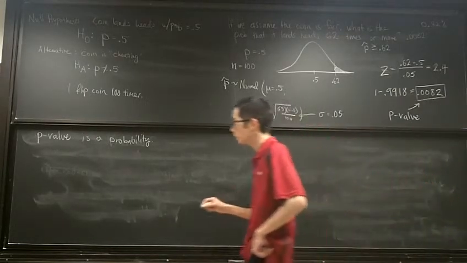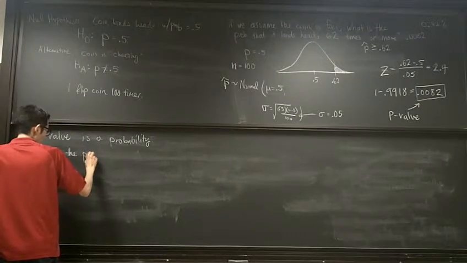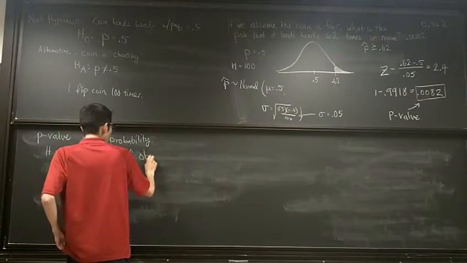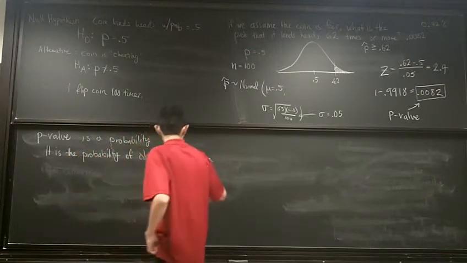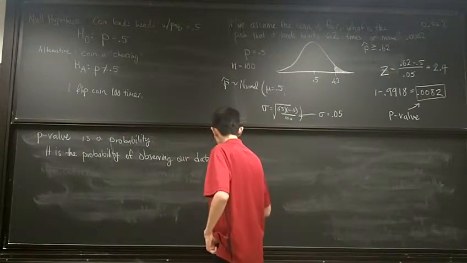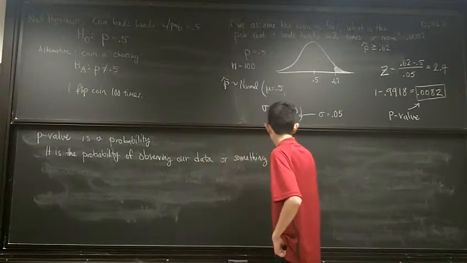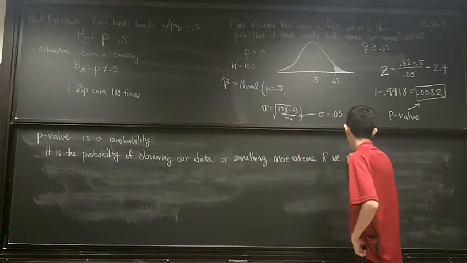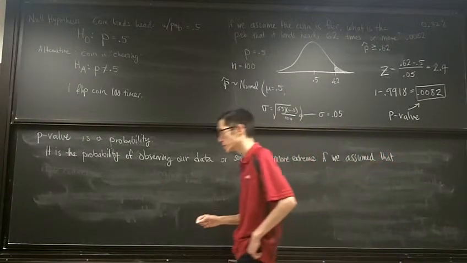It is the probability of observing our data, or something more extreme, if we assumed that the null hypothesis is true.